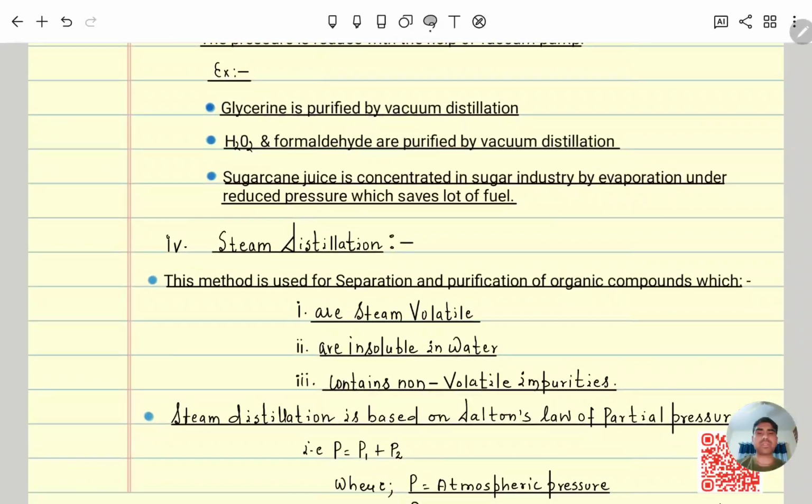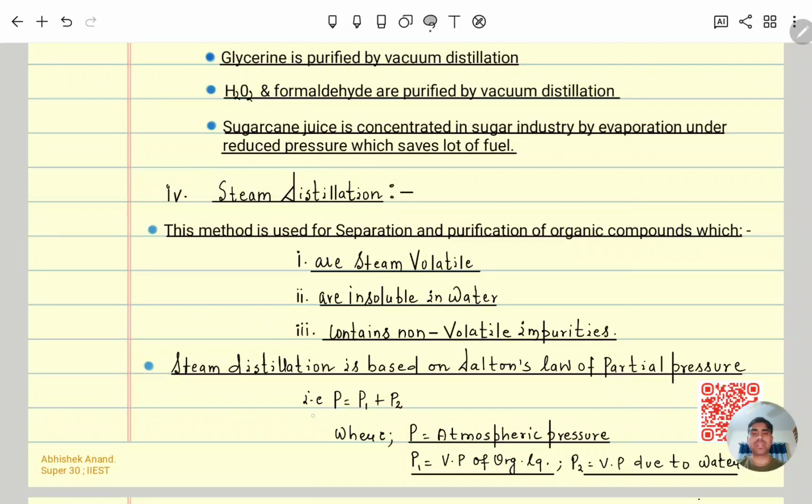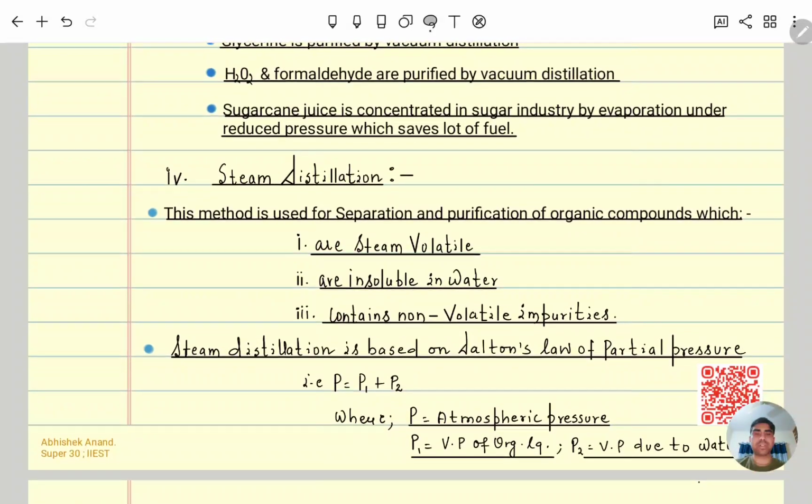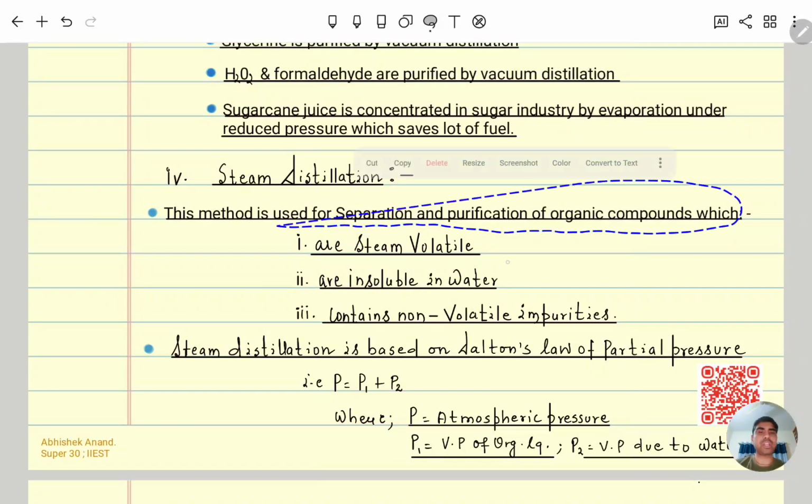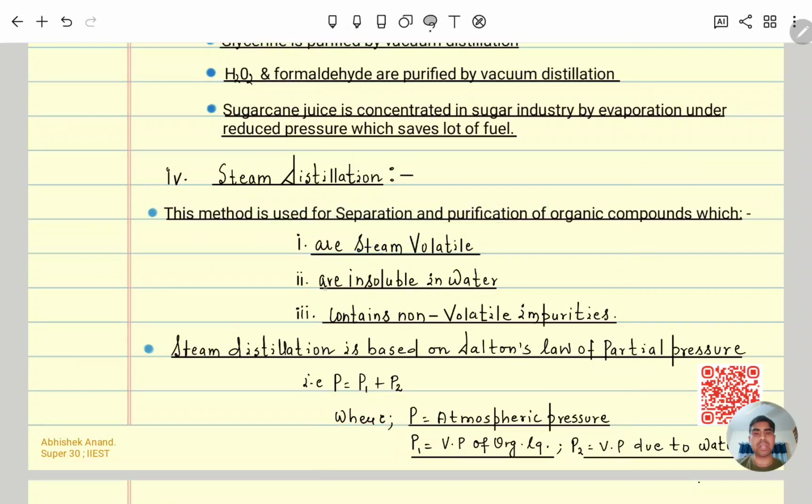Coming to steam distillation. For this, the condition is very important. This method is used for the separation and purification of organic compounds which are steam volatile, insoluble in water, and contain non-volatile impurities. What are the three conditions?